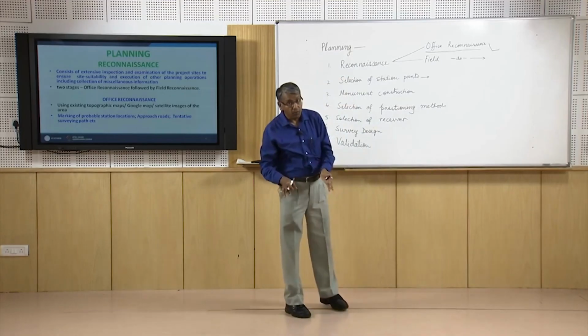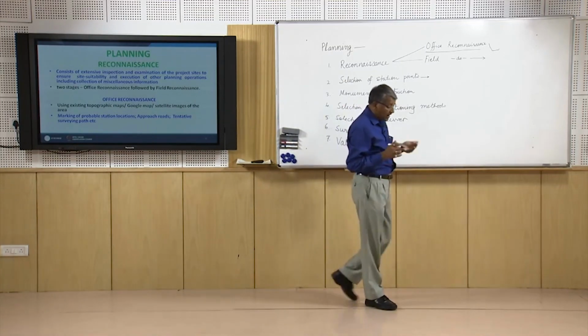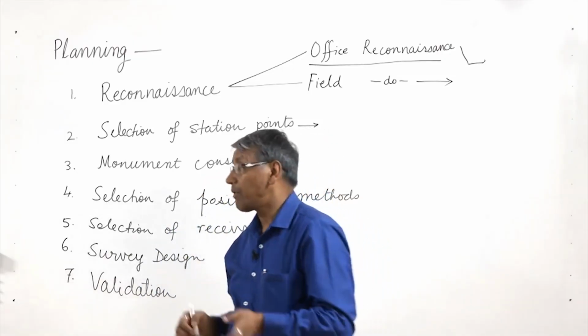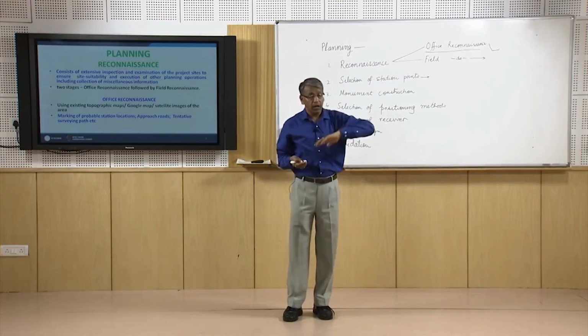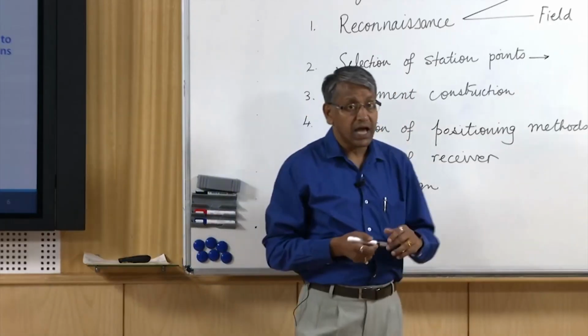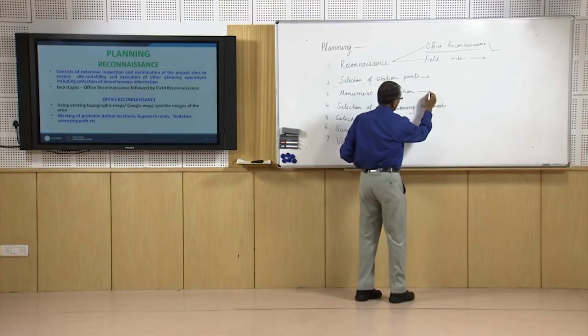During selection of station points, those locations which have been confirmed after field reconnaissance have to be properly marked on the ground, and if we need to carry out surveying for a long time, or reoccupation of the stations, then we need to go for construction of monuments.